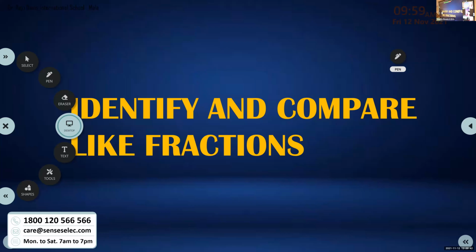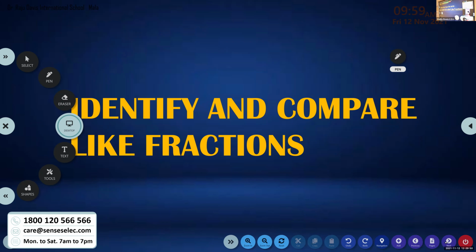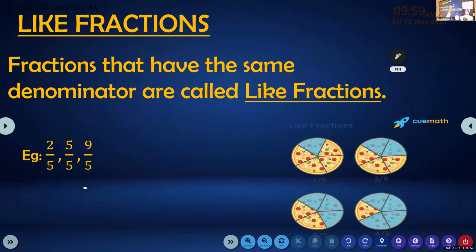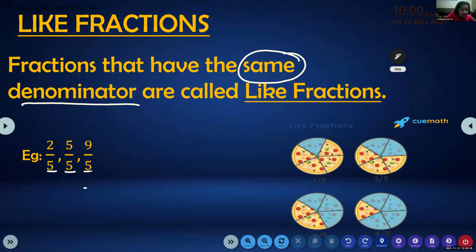Very good. Okay, children, listen here. We are going to learn the new topic, identify and compare like fractions. So we should know what a like fraction is. Just now we discussed: fractions that have the same denominator. Here, identify which is the common denominator given. 5.